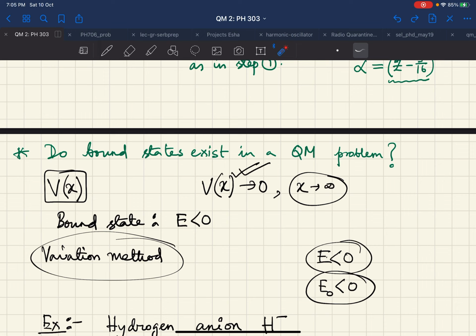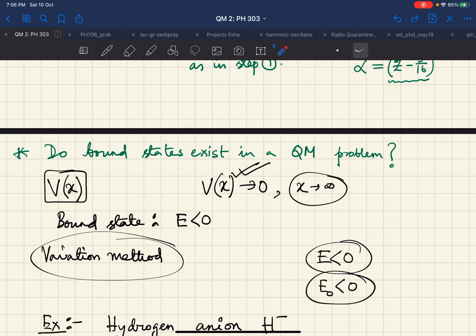Many of you must be uncomfortable because it does not give you the exact ground state energy, rather it gives you an upper bound on the ground state energy. That must be unnerving to some of you: what is the utility of a method which is not able to predict the exact value?